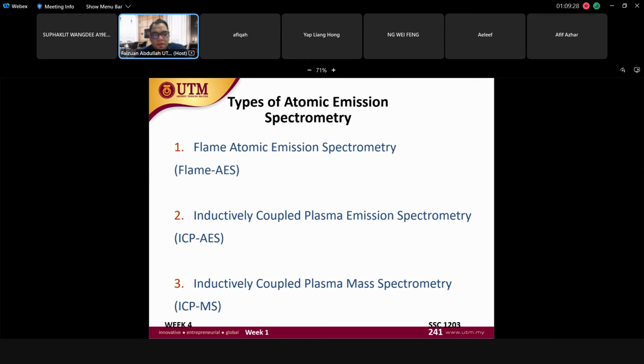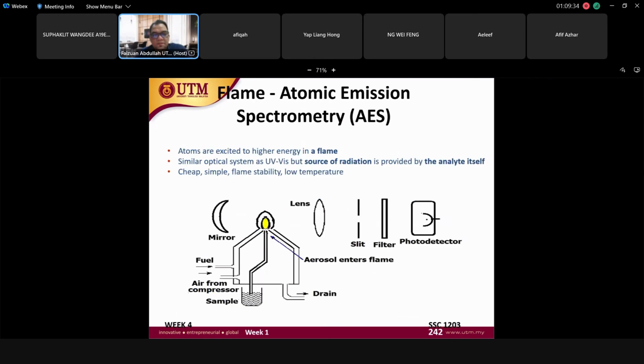We have AES, we have ICP AES, and we have ICP MS. This is AES. The sample is aspirated and burned, like flame AAS. We have a mirror here instead of a radiation source. Radiation source, no, we don't have it. We have a mirror and the lens, the slit and the filter, and the photodetector.